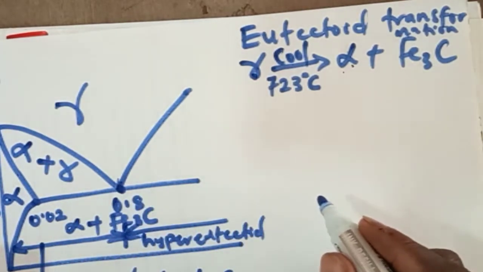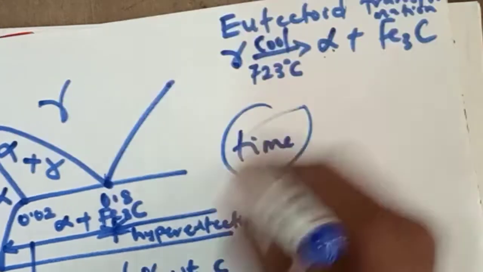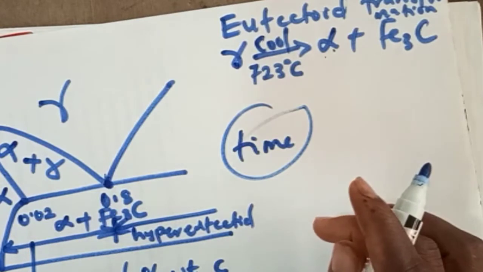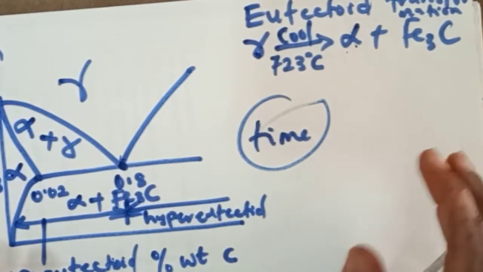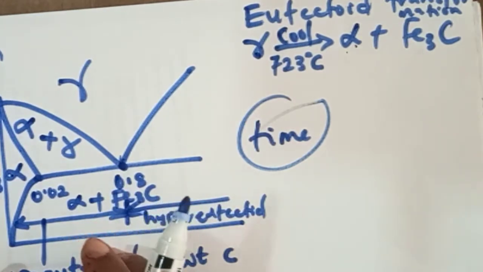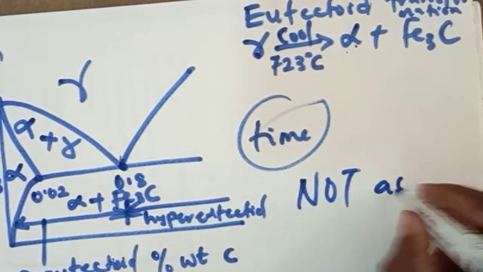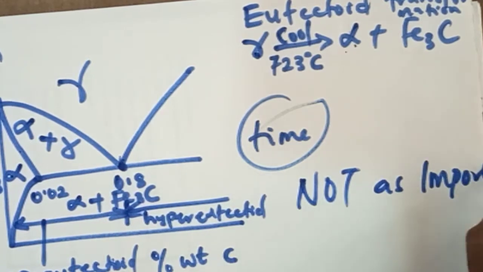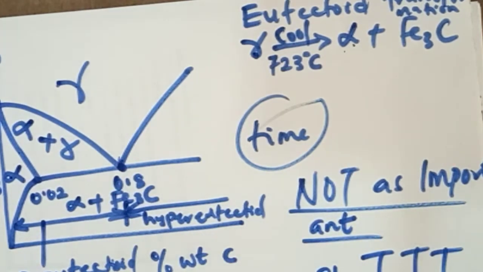And in industry, we need time. In industry, time is the most challenging factor, and that is why in industry, this iron carbon diagram is not as important as our TTT curve.